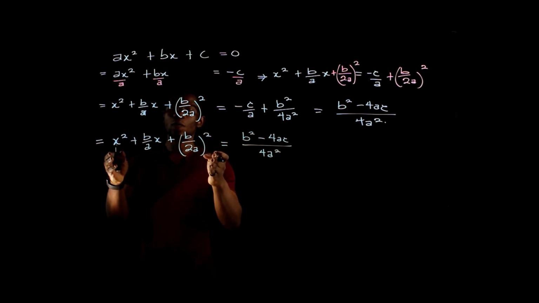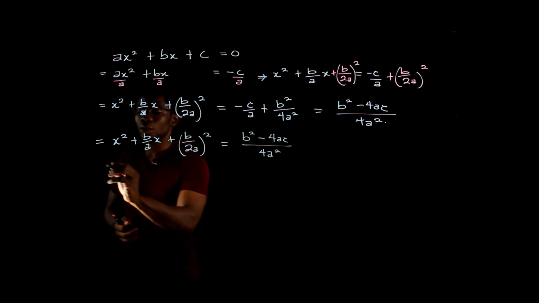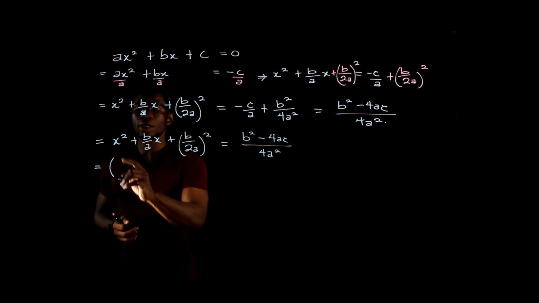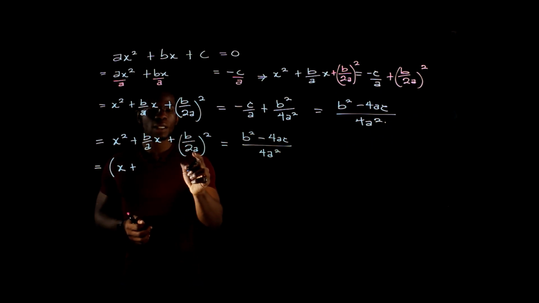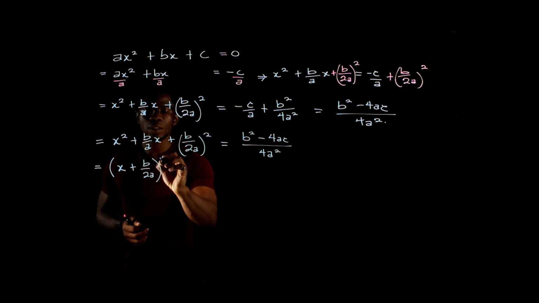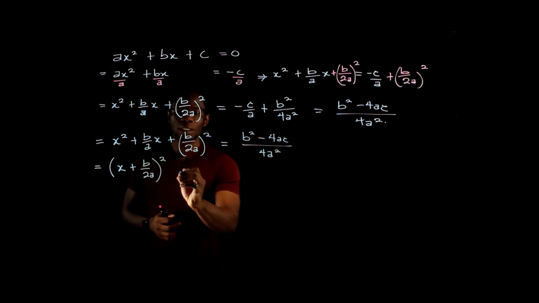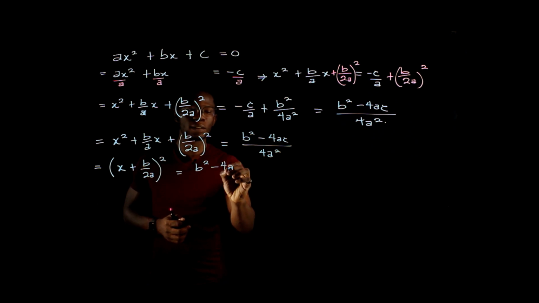The next thing is to write this in a tighter form of the perfect square, and we do that by opening a bracket. We take our x from here, we take our plus sign from here, and we take our b over 2a from here. We close our bracket and square all that. And this is equal to b squared minus 4ac over 4a squared.